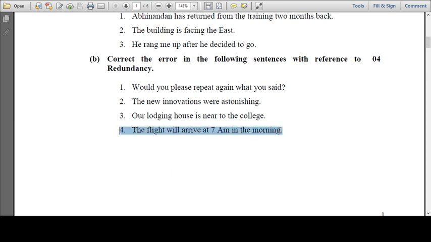Now the fourth one: the flight will arrive at 7 a.m. in the morning. Yes, Neshargi, Vansi, Parthi, Samir Ahmed, all of you, your answers are right.